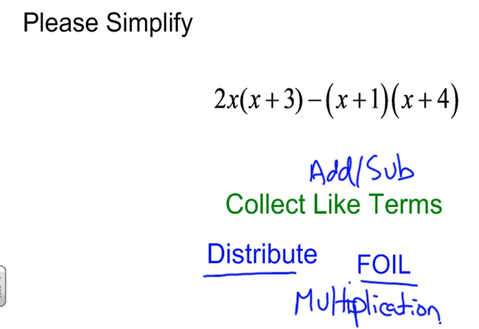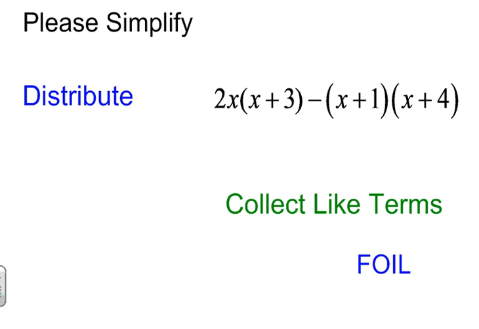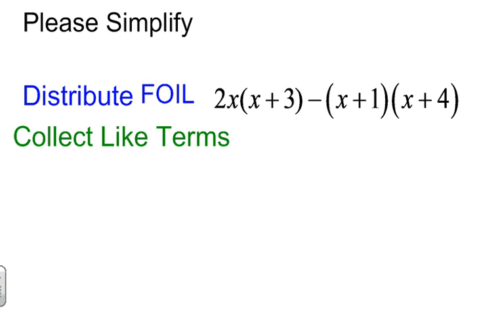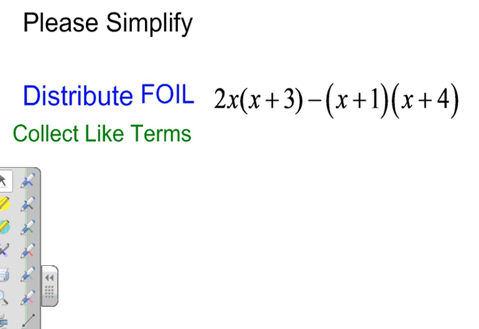So, by PEMDAS, we should respect that distribution and FOIL should come first, followed by collection of like terms. So I will attack this problem in that way.